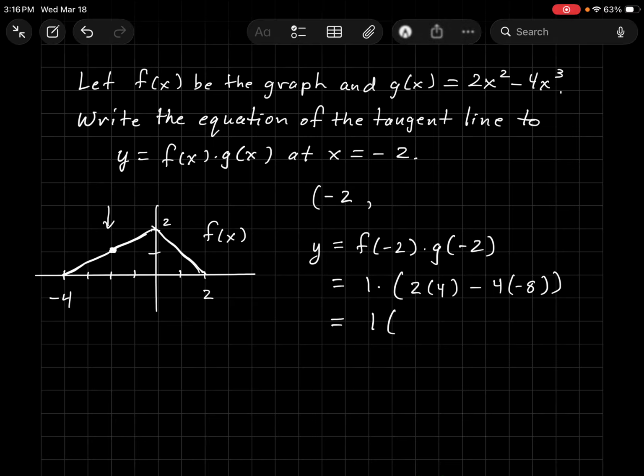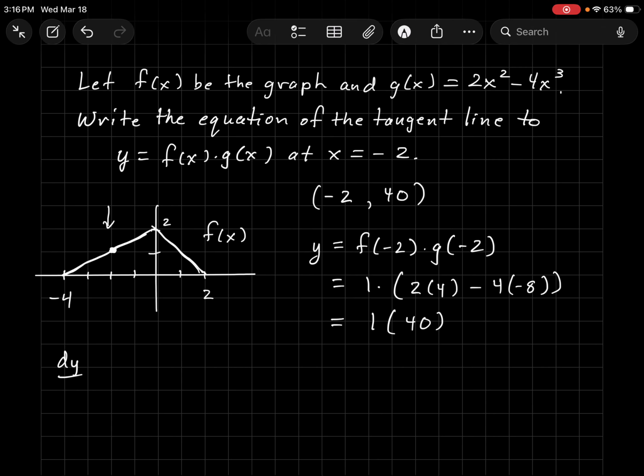So we get 1 times 8 plus 32, or 40. We have the point now. Now we need the slope.